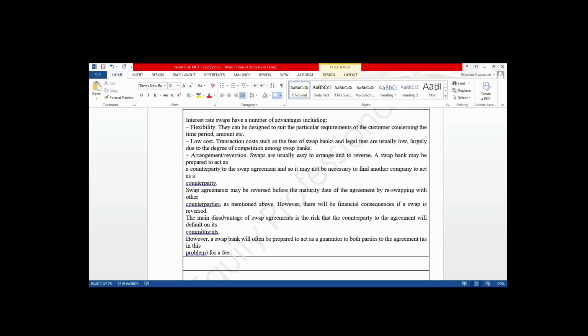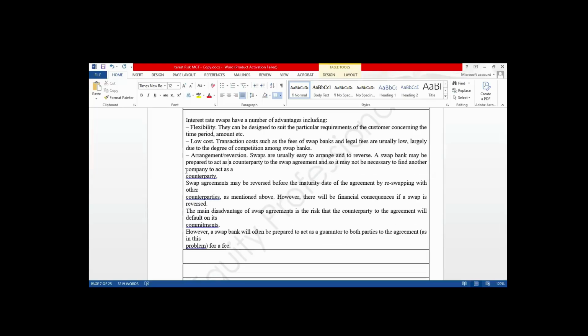Number 3, ease of arrangement and reversion. Interest rate swaps are usually very easy to arrange and to reverse. A swap bank may be prepared to act as a counterparty to the swap agreement, so it is not compulsory that you must get another company.